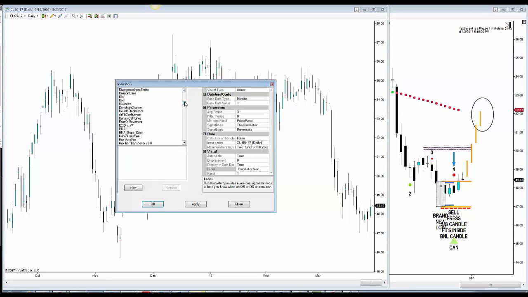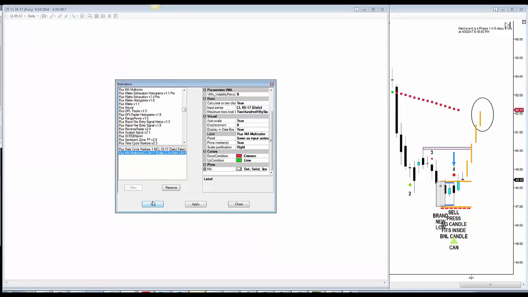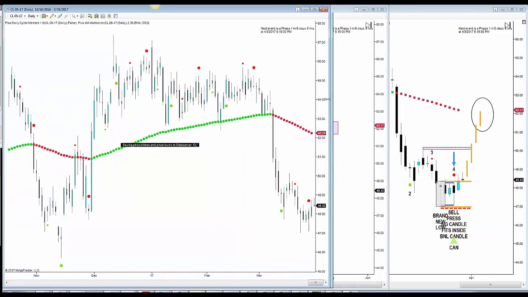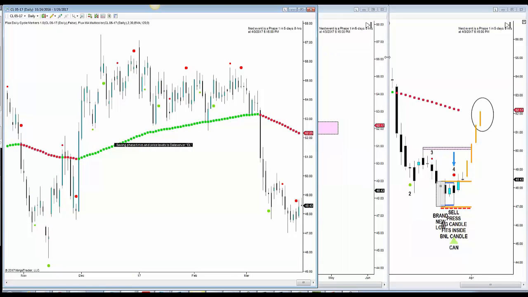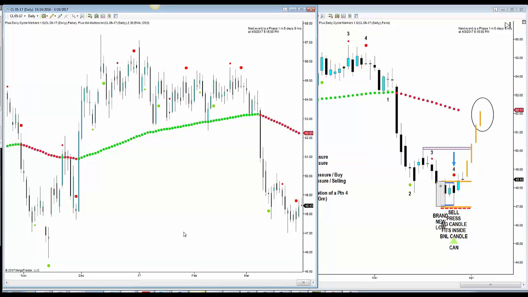And we'll add the same indicators. FLUX daily cycle markers and the FLUX moving average. Now, when I refer to seasonality, what we've been uncovering so far is that there are patterns related to seasons.